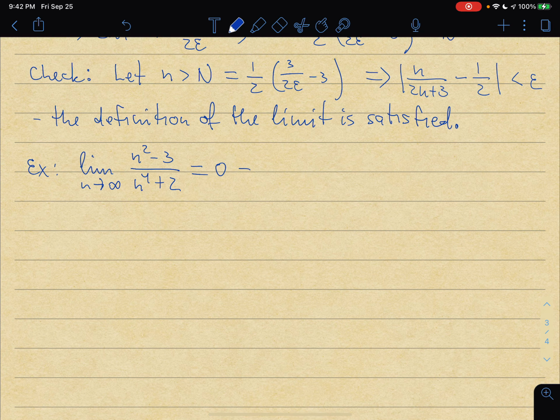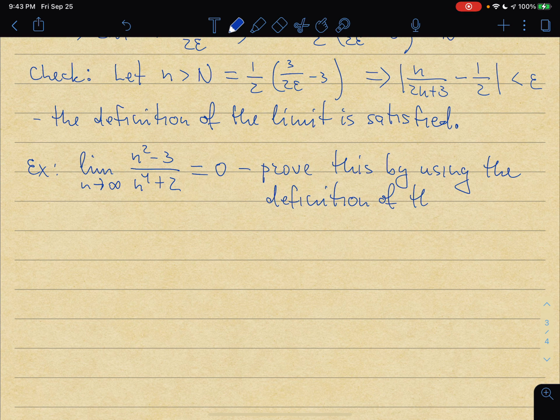So again, I need to prove this by using the definition of limit. And again, very same strategy.